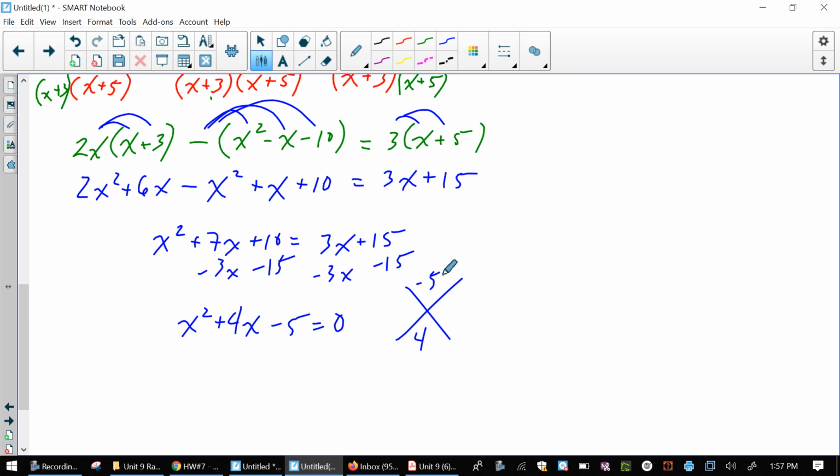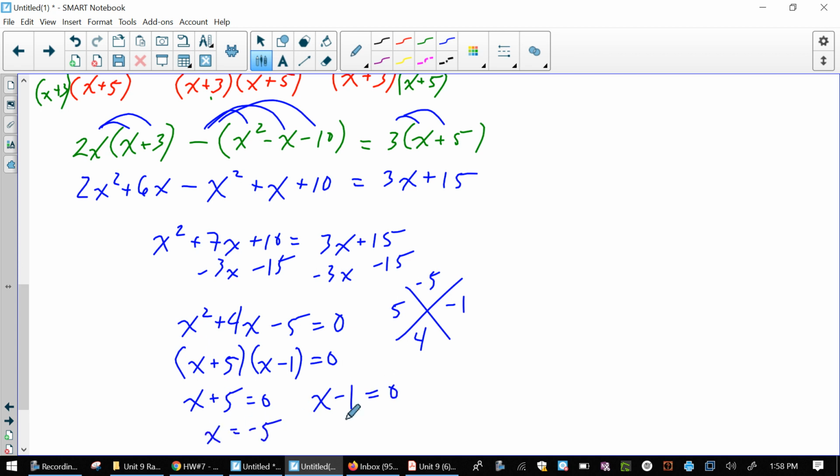So two factors that multiply to -5 add up to +4: +5, -1, and here we go in factored form. Once we get those factors, we set them equal to 0. And we solve, and this gives us -5, and this gives us +1.